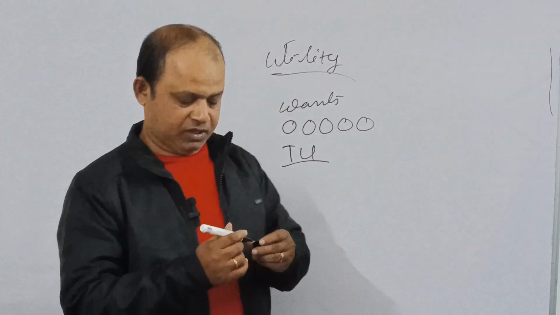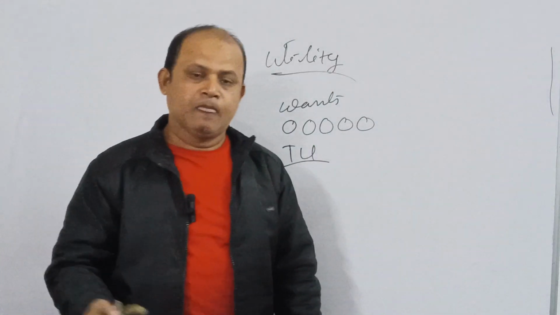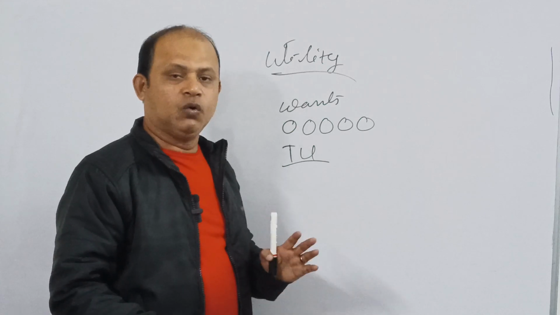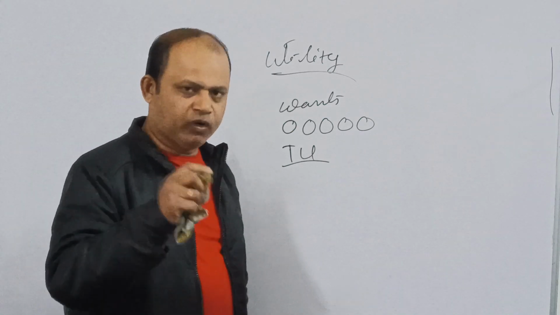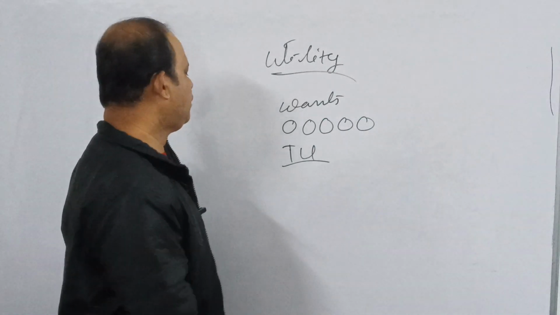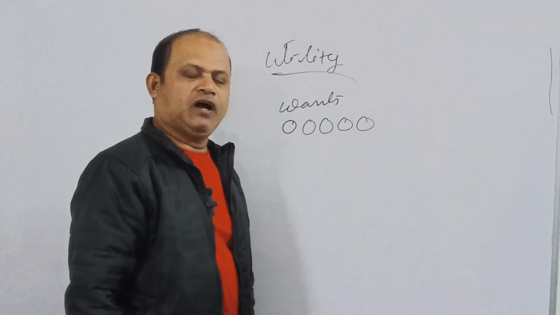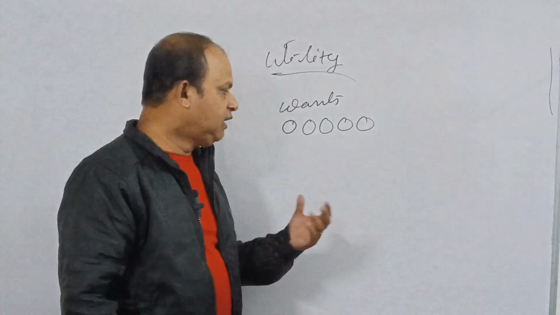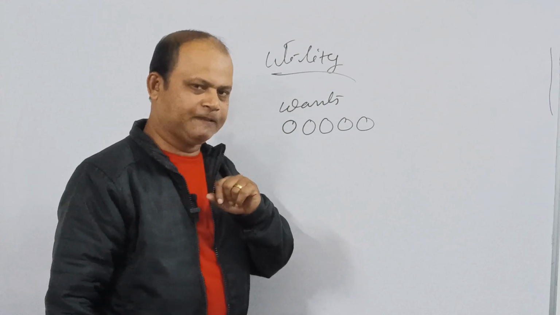Now our main topic today is how to know about diminishing marginal utility. Suppose you are going to consume 5 sweets. While you consume them, whatever satisfaction you get is called total utility.